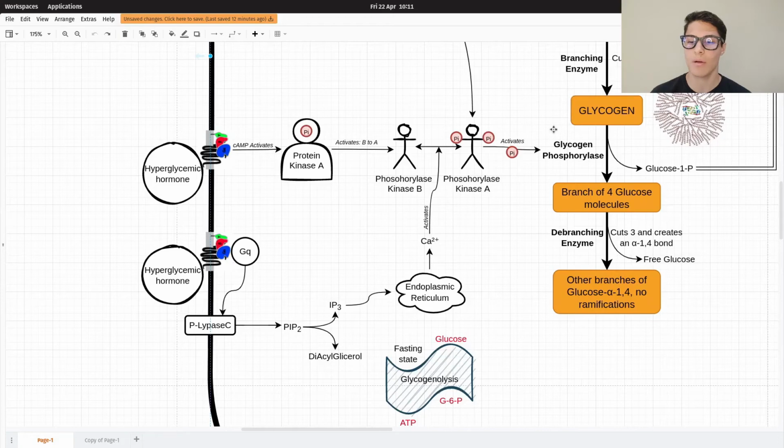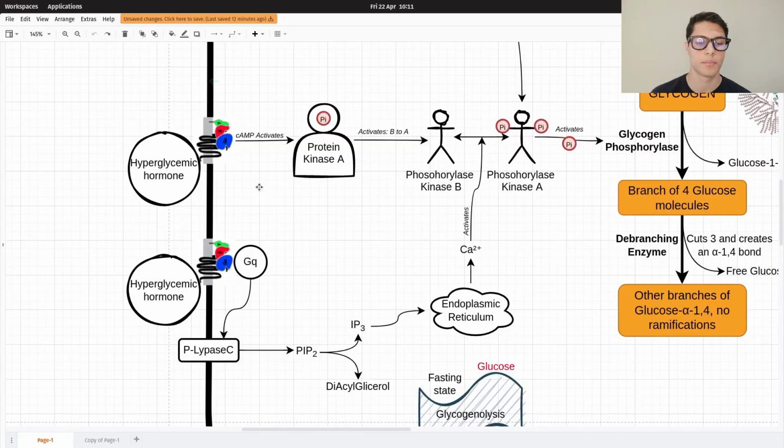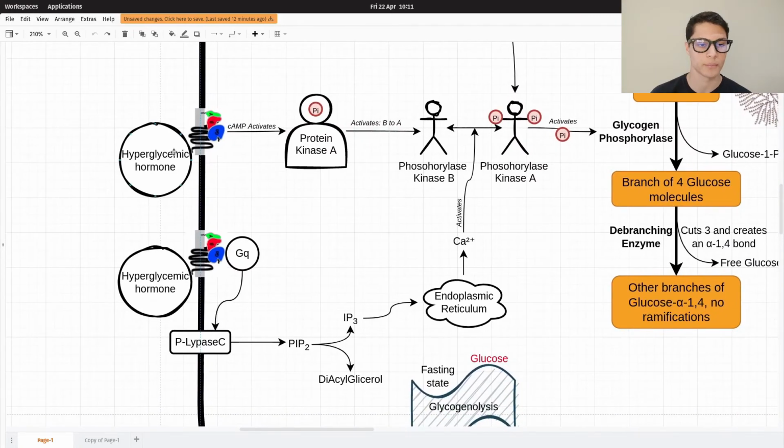We're going to explain now how glycogenolysis is working, how the hormonal regulation of this is working. So here we have two pathways possible. It has to be a hyperglycemic hormone, which can be glucagon, epinephrine, norepinephrine, cortisol. And in this case, we're going to see first this one.